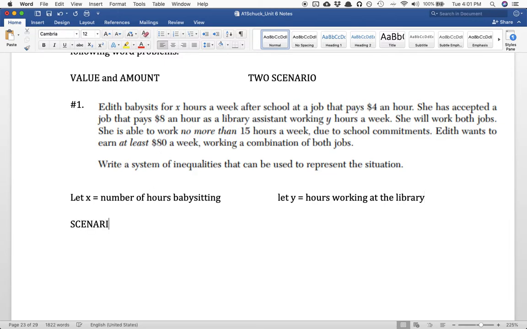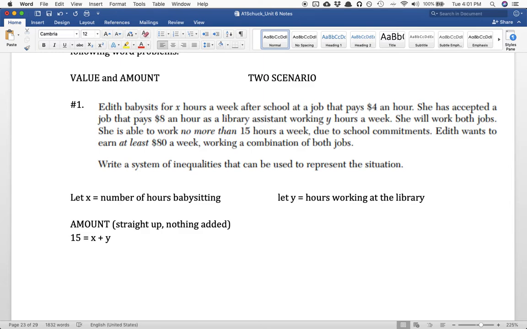So scenario one, oh wait, it's not scenario. This is value and amount. I'm going to say my amount is just the straight up, nothing added. So the amount is my 15 hours per week. That's going to be equal to the number of hours she spends babysitting and the number of hours she's at the library.